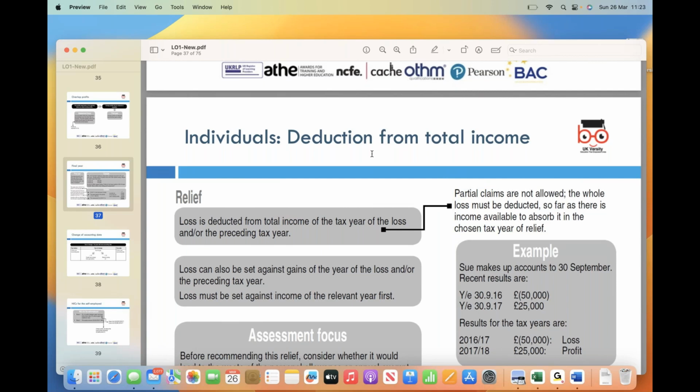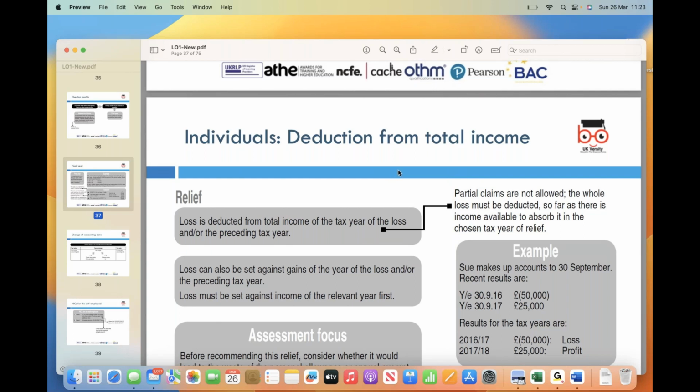The whole loss must be deducted if there is income available to absorb it in the chosen tax year of relief. The loss can also be set against gains of the year of the loss and or preceding tax year, but it must be set against income of the relevant year first.